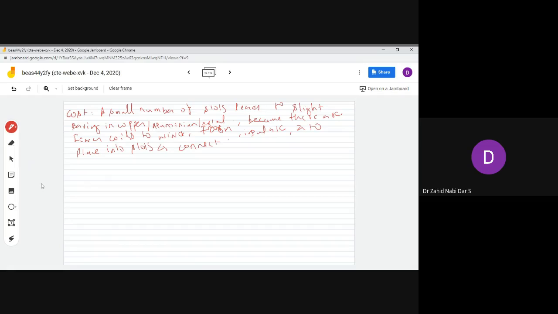Then the other important factor is hotspot temperatures. What exactly does hotspot temperature mean? When you have a smaller number of slots, it results in bunching of conductors. If the conductors are bunching, it leaves a smaller space for the circulation of air.